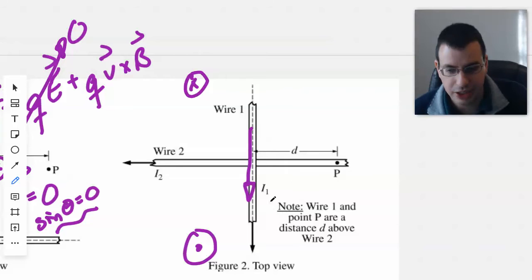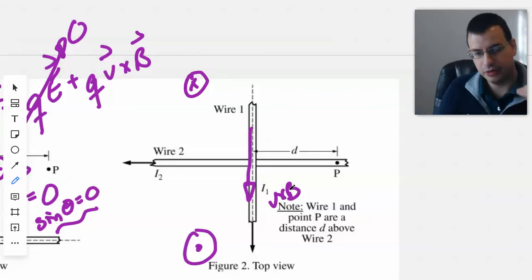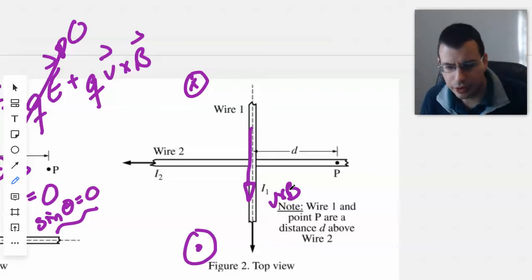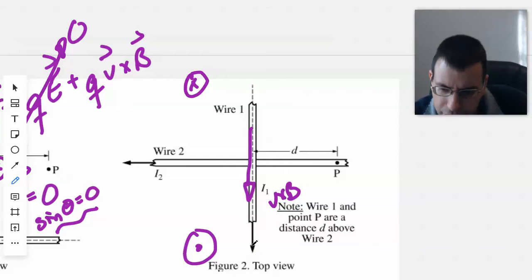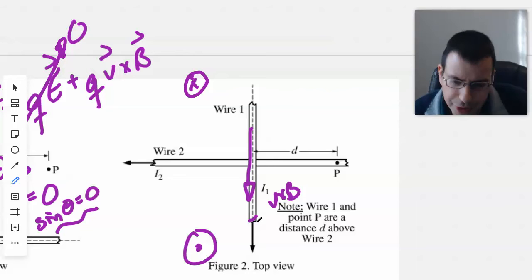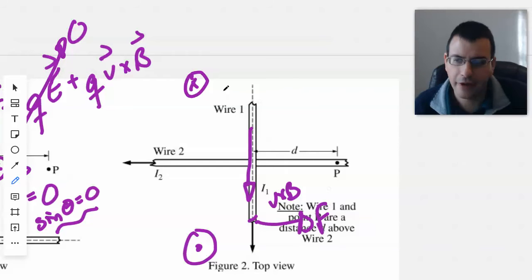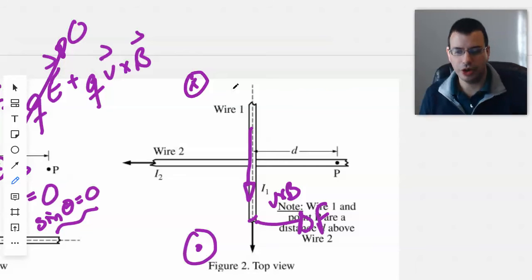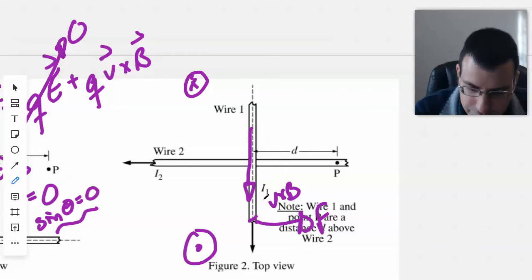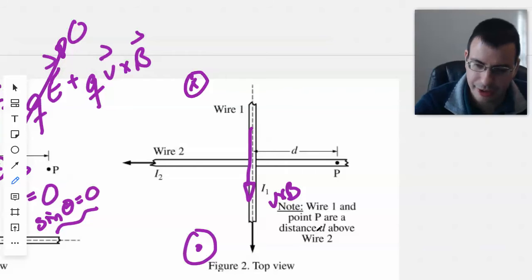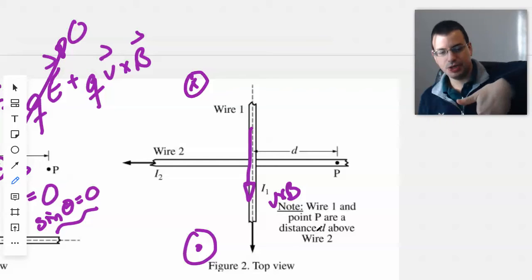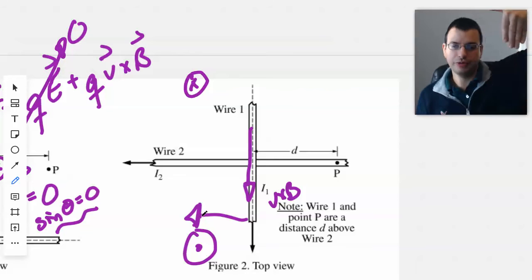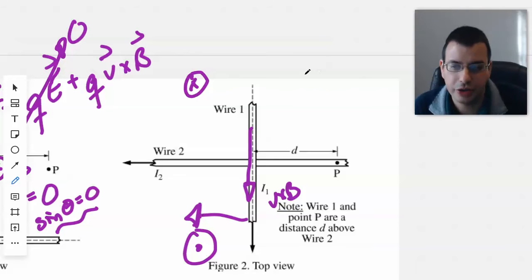So V cross B. So we get a force going this direction. And then on the up front, we have V. No, it's backwards. Totally backwards. So V cross B, force going this direction, out of the board. And then for this one, it would be V cross B going this direction.